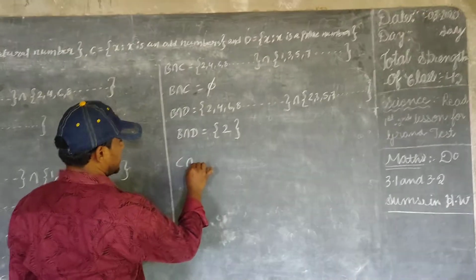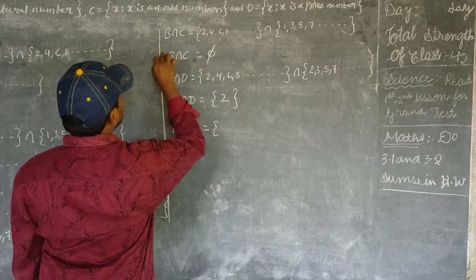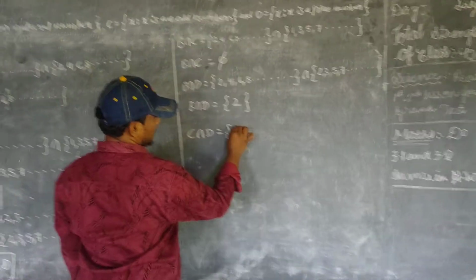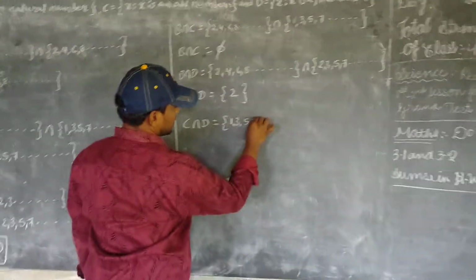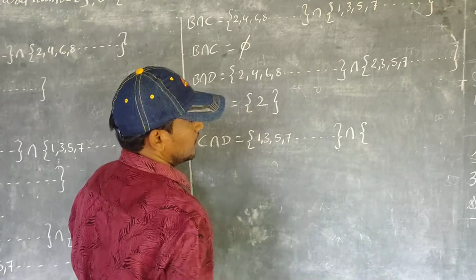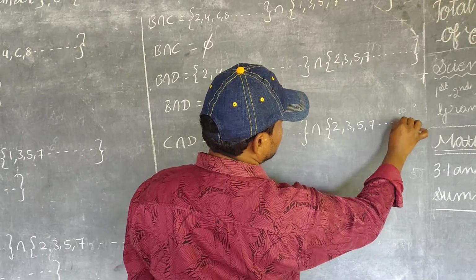Next, the last one is C intersection D. What is C? x is an odd natural number: 1, 3, 5, 7 and so on. Intersection, D: 2, 3, 5, 7 and so on.